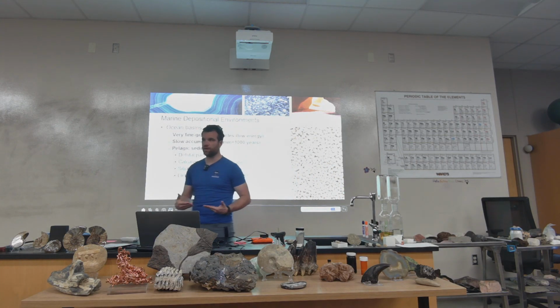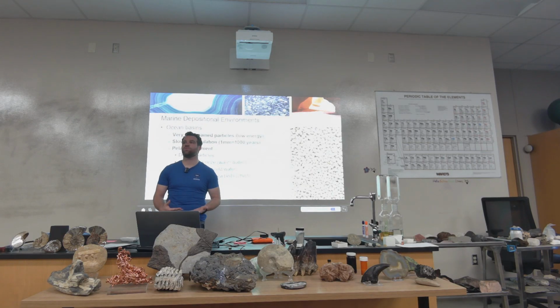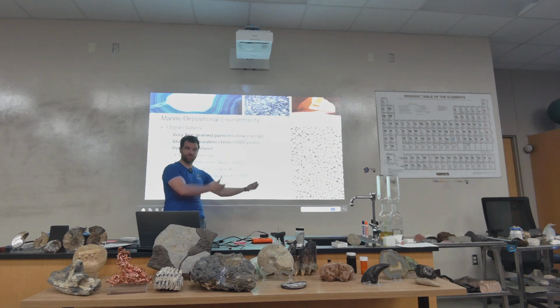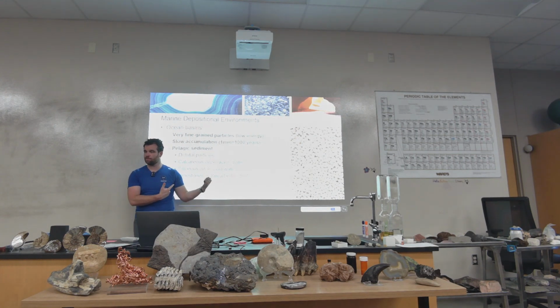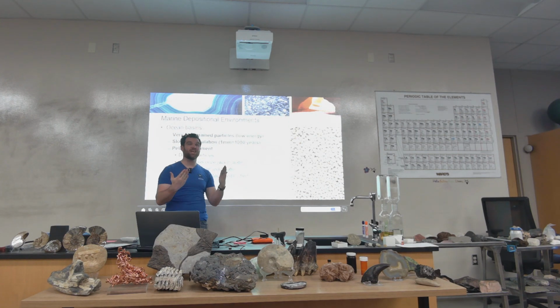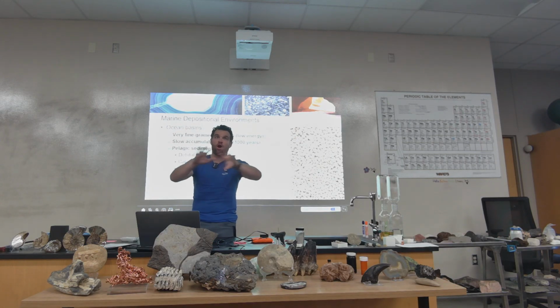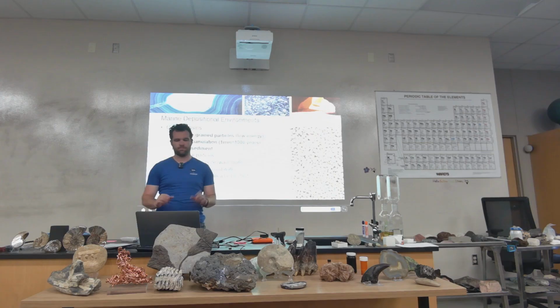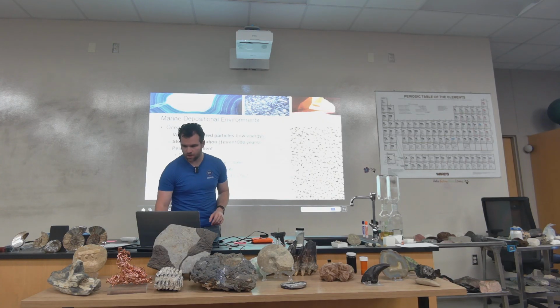I can interpret the rock hundreds of feet underground in this cave simply by knowing this concept. I can understand more about the environment that I am crawling through from evidence that was hundreds of millions of years old. So it's pretty cool.